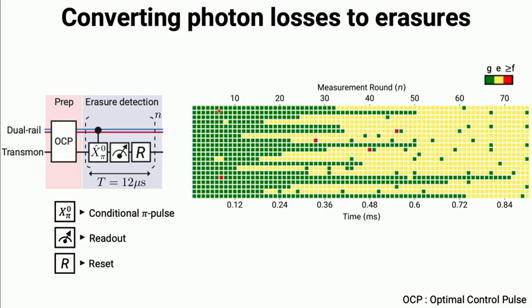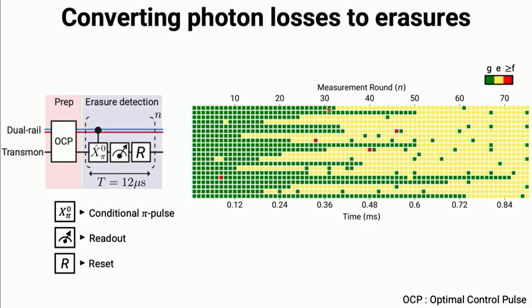Each row here represents running the circuit for n detection rounds. So we prepare and perform erasure detection for n equals 75 rounds. Let's focus on the first row here. What happens is we see a bunch of green, which means the transmon is in the ground state, which means that the frequency of the transmon has shifted, and we deduce that we're in the dual rail code space.